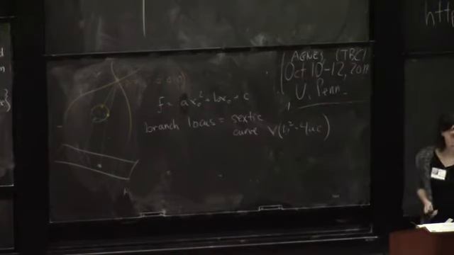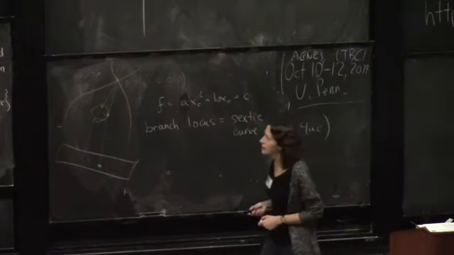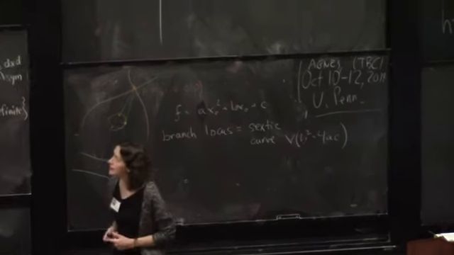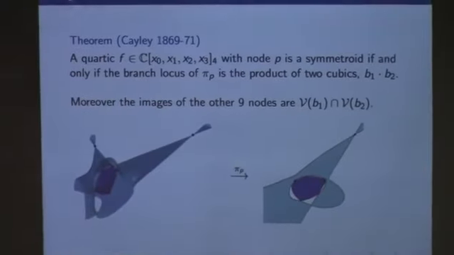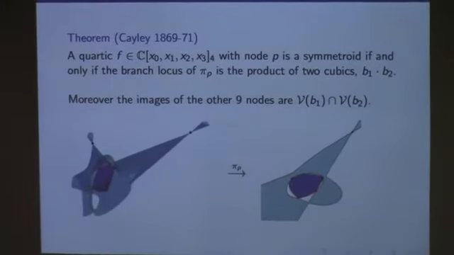And this is the thing that Cayley studied, this map and this curve. Particularly, he proved something very nice. Someone hands you a nodal quartic surface, like this yellow one, and you want to test whether or not it is secretly a symmetroid, meaning it comes as the determinant of a symmetric matrix of linear forms.